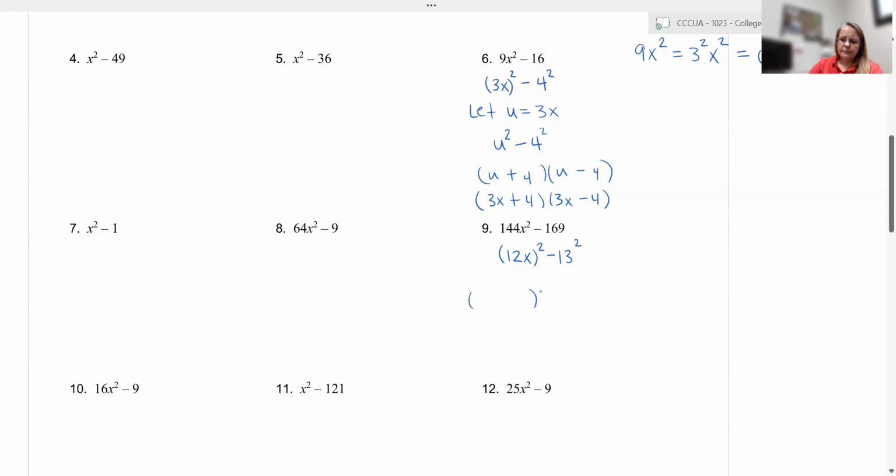So I'm going to open up my two sets of parentheses, bring down my plus and my minus, put one of those somethings here, put the other something there, and then bring down a 13, bring down a 13, and we're done.